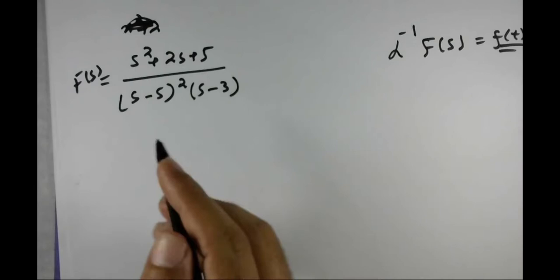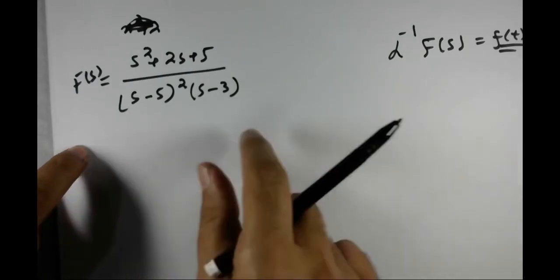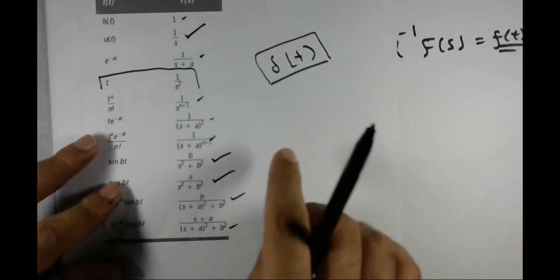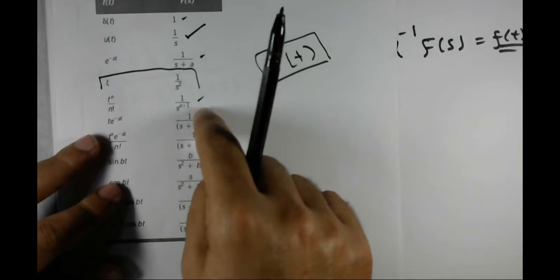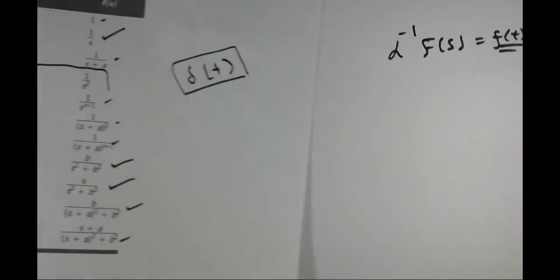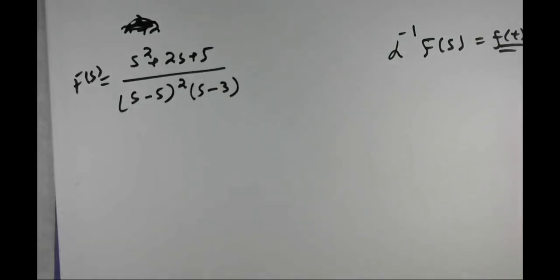So solve this using partial fraction, find the different components, and then use this table. When you do partial fraction, you will get components from the table, either this one, this one, and so on. Then use the inverse Laplace and you will find the time domain function f(t).